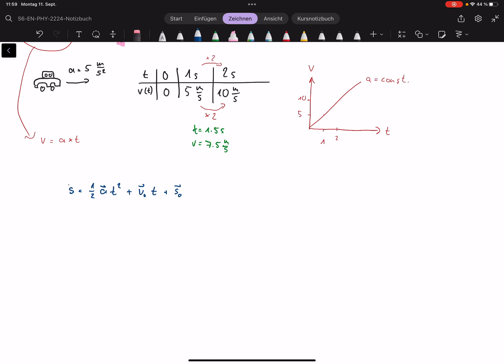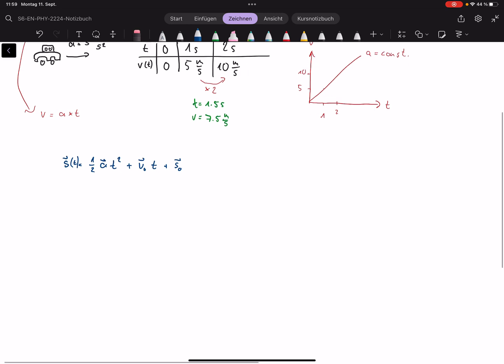So altogether we have this. And if we want to extend that a little bit, we see that s is a function of t, because t is the variable here in this equation.